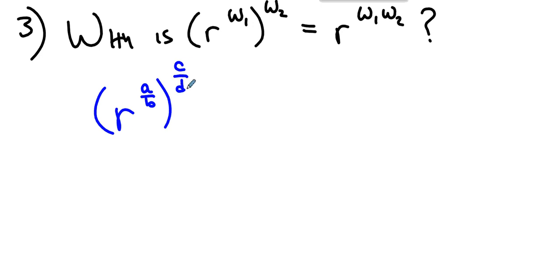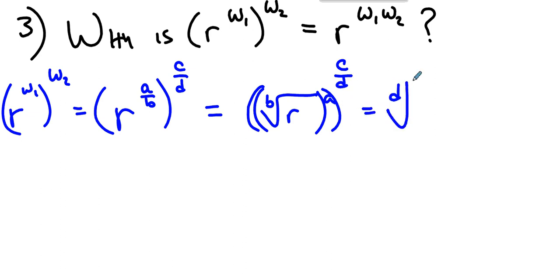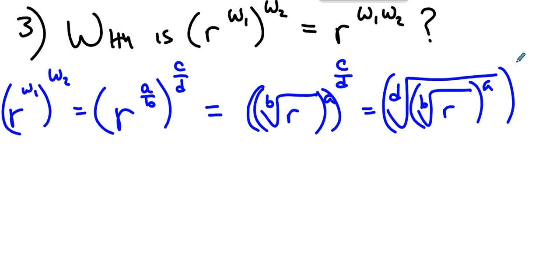That's really what's going on. r to the w1 to the w2 is r to the a over b to the c over d. And then we take our meaning, what is being raised to the c over d? The bth root of r to the a. So then what is that? This is the dth root of the bth root of r to the a to the c.